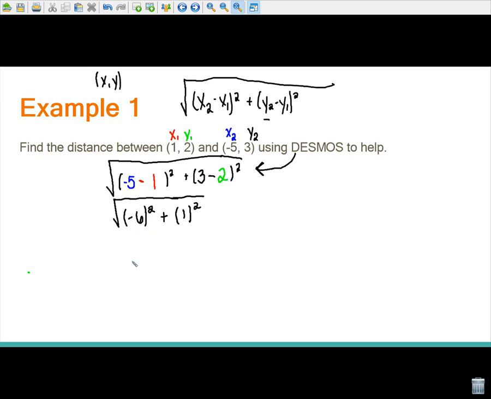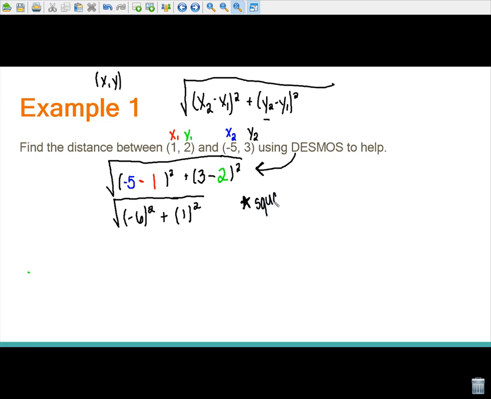Now, over here, we're just going to do this problem out by hand. This is -6 squared plus 1 squared. Now, something that we got caught up on a lot last year, and something that's super important, is whenever we square a number, we will not get a negative.